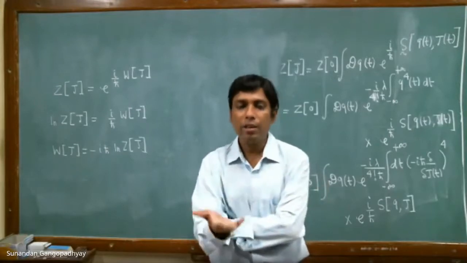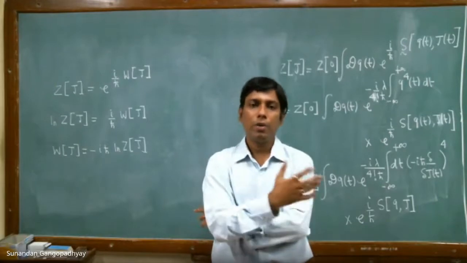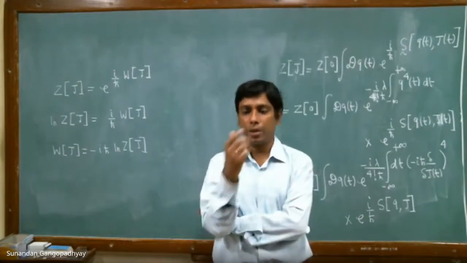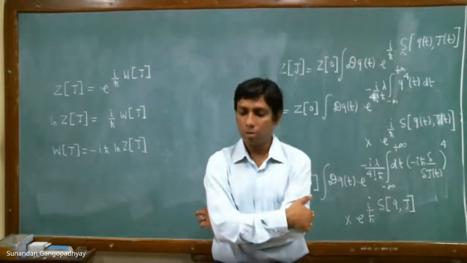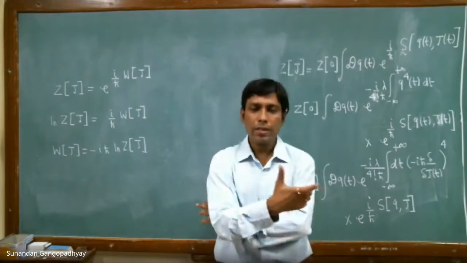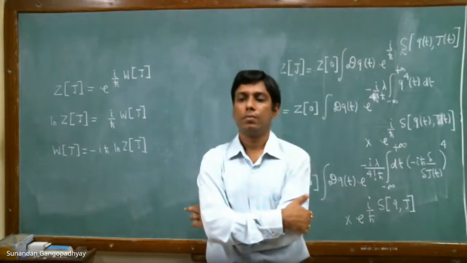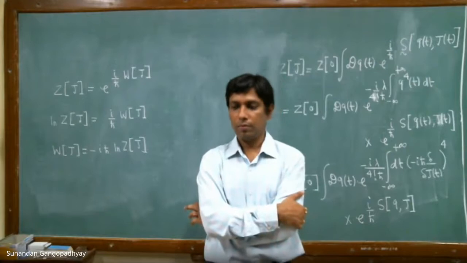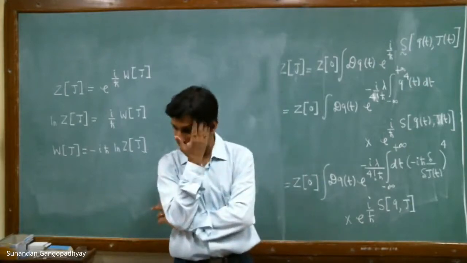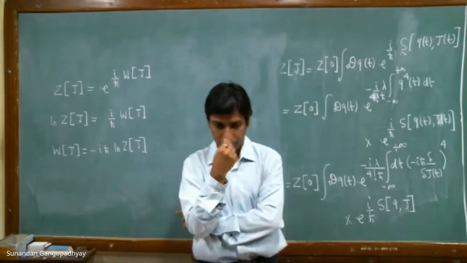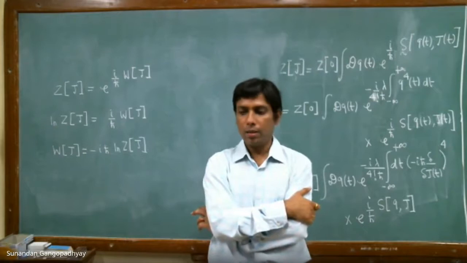Or in the language of what we are doing here, what is the fourth n-point correlation function? So what is that object? Can you attach a physical meaning to it? So you just check it and see what you get.